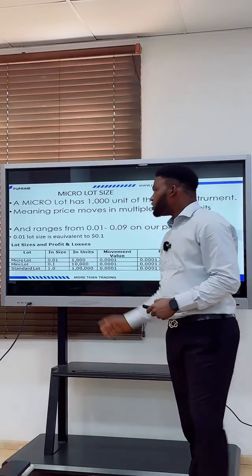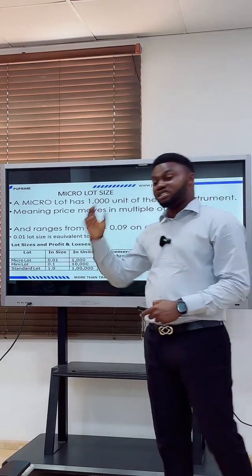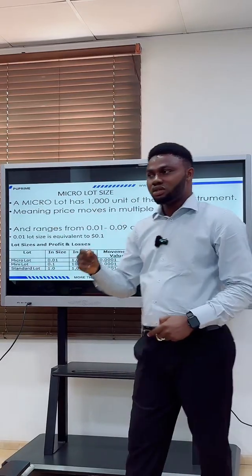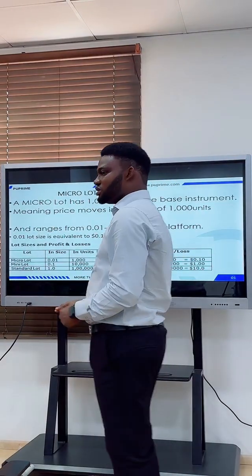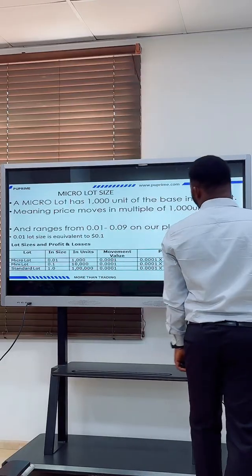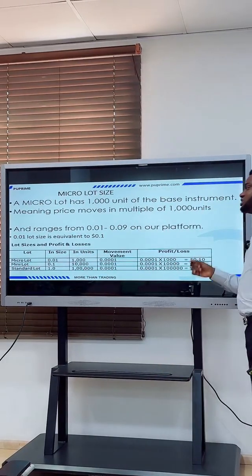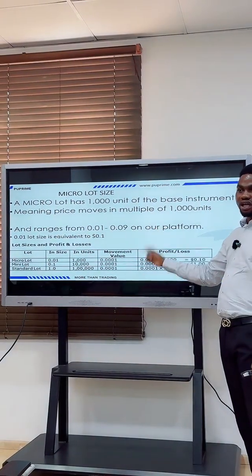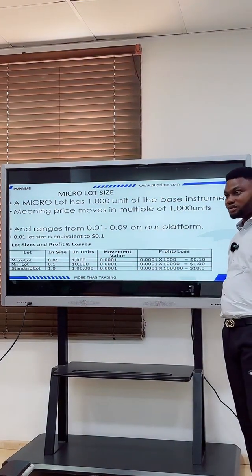Now the other type of lot size we have is the micro lot size. It ranges from 0.01 to 0.09. A 0.01 lot size is equivalent to $0.10, or 10 cents.